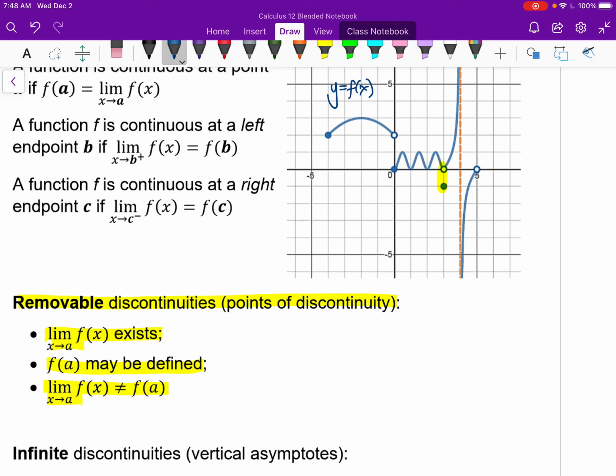And so we call that a removable discontinuity. It's clearly a break in the graph right there. There's another removable discontinuity, but it's a little bit different. Another removable discontinuity is at the very end right here, this endpoint.